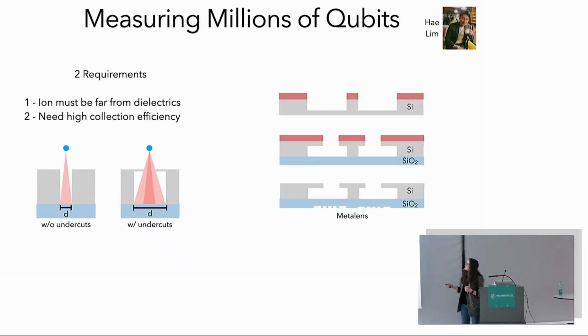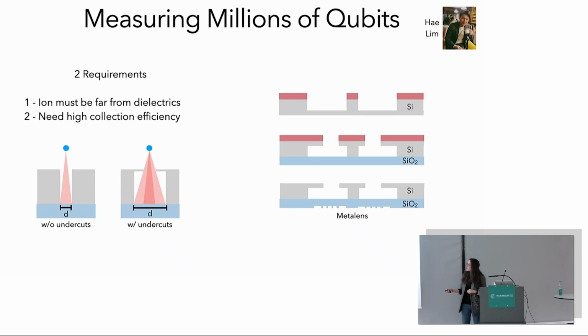And so what we do is a 2-step fab process where we fab big undercuts and then we flip the thing over and fab the places over which our ion will be trapped. This whole thing is bonded to an oxide wafer. And then we pattern metal lenses on the bottom of this oxide layer. I have it drawn all in oxide, which is bad on my part. These are actually in a thin silicon nitride layer.